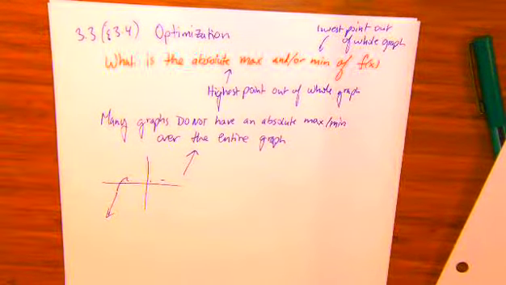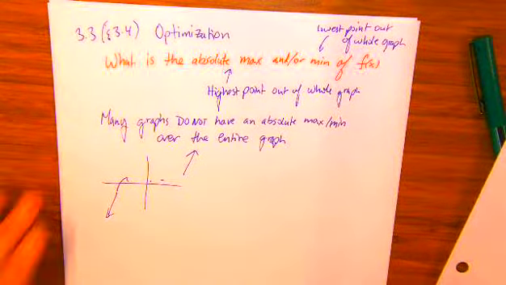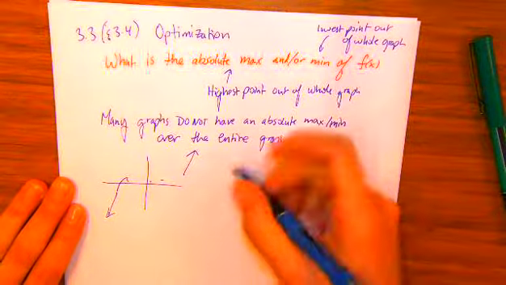Could you all think of a graph that does have an absolute max or min over the whole thing? Okay, x squared, right?